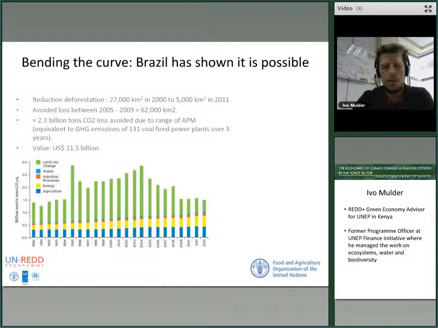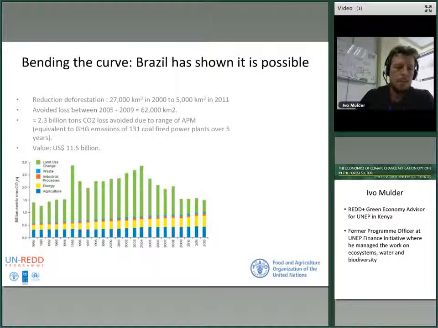It basically amounted to about 62,000 square kilometers avoided loss of tropical forest in the Amazon basin, which is equivalent to around 2.3 billion tons of CO2. If you want to compare that with the amount of CO2 emitted by coal-fired power plants, that is equivalent to 131 coal-fired power plants emitting greenhouse gas emissions over a period of 5 years. And the paper where I took this from, the CPI paper, they valued the avoided loss at around 11.5 billion.